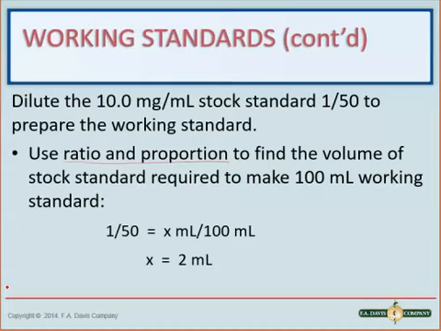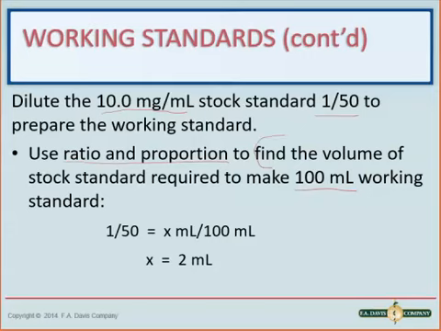So we probably know we're going to do cross multiplication, and it tells us 1/50th, and it gives us 10 milligrams per milliliter. Let's see, what else do we need to know? And we need 100 milliliters of the working standard. So we're going to use that information to set up our problem.